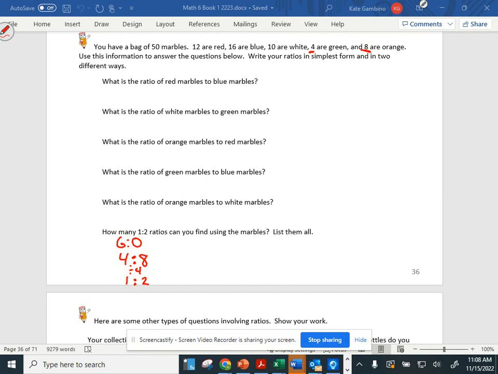So to list them, I would say what the colors are and what the ratio is. You don't have to simplify it because we know it's going to simplify to 1 to 2. So find any other ways that you could get that 1 to 2 ratio, simplifying it down.